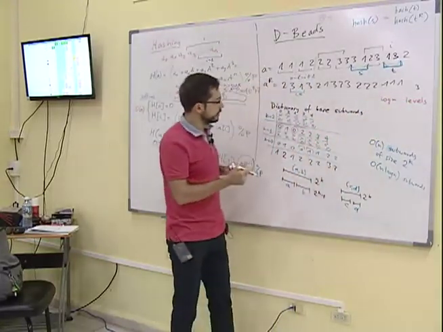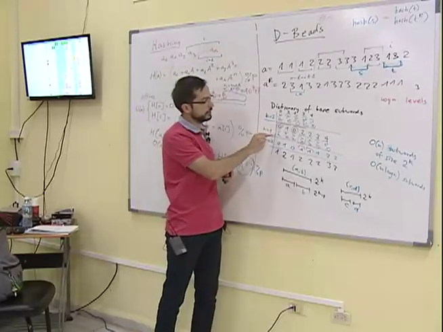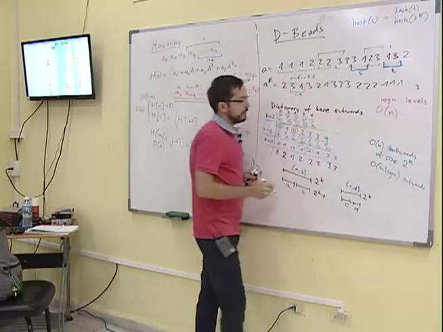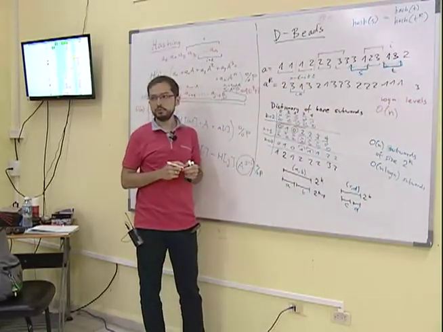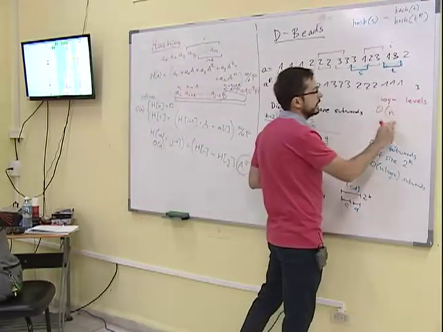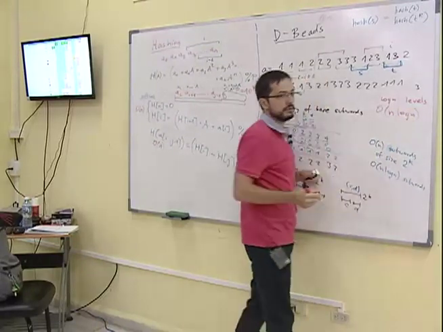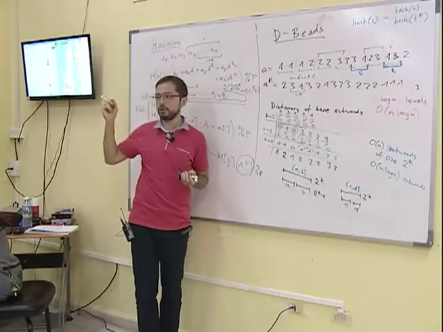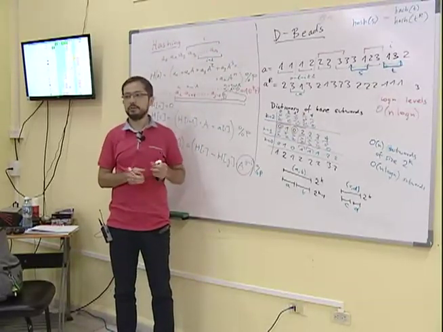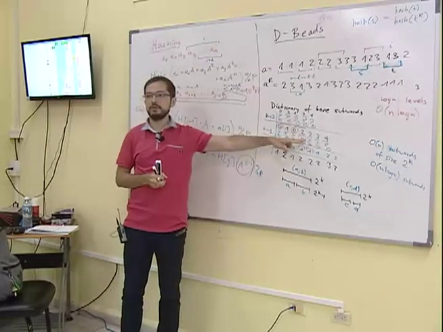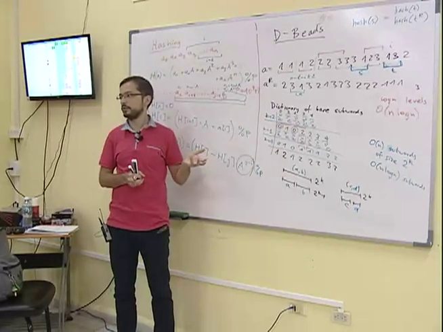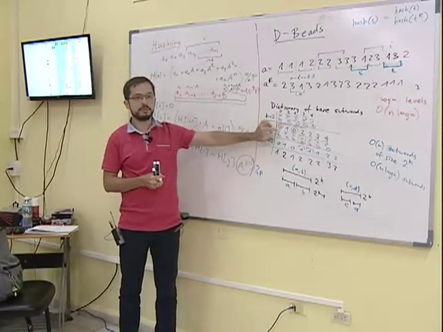And on each level, we need to create the pairs, which can be done in linear time, but also we need to sort these pairs. If we do normal sorting, we will get n log n for each level, and then the algorithm will be n log squared. But we can use our standard trick of sorting, because these numbers are small numbers, smaller than n. So we can use counting sort to count the pairs.